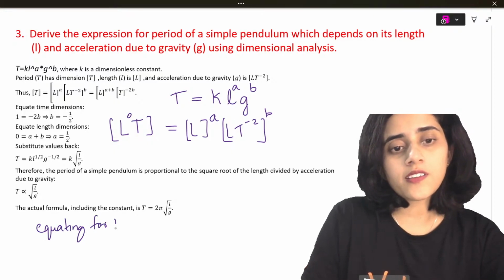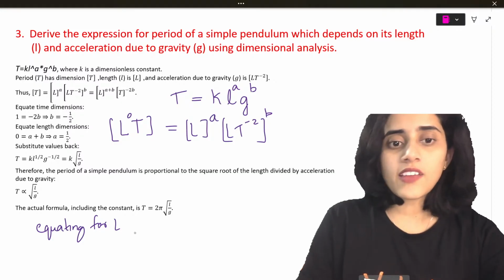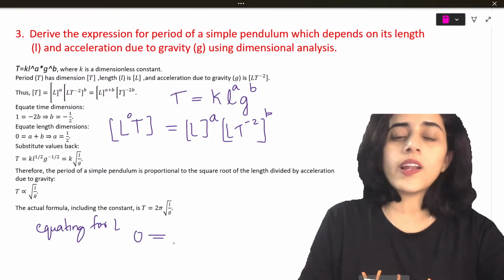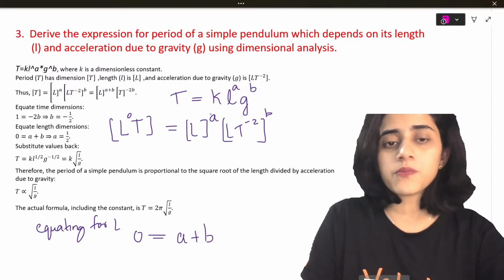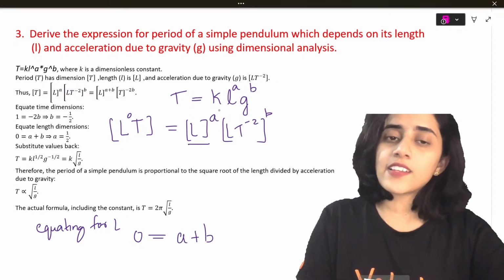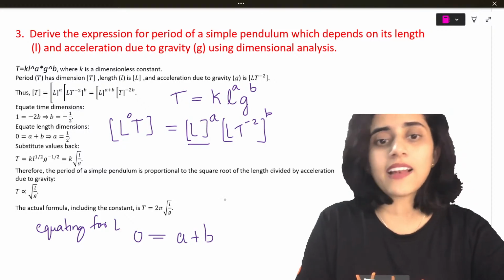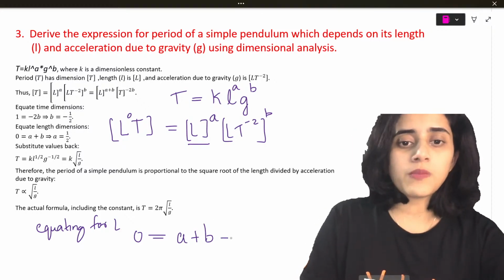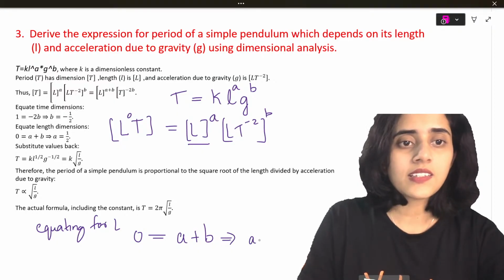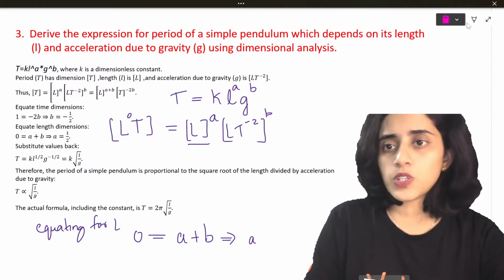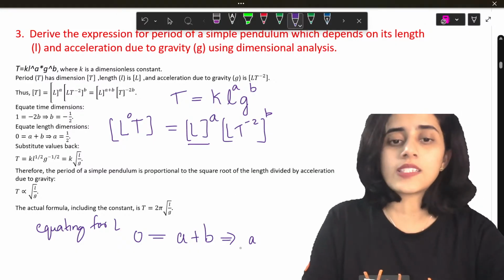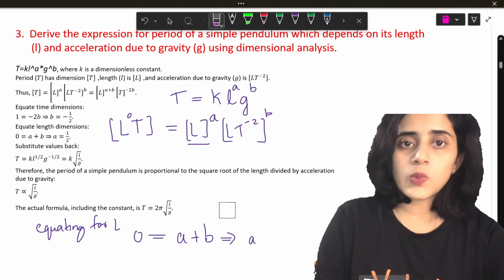Equating for L, on the left side it's 0, and on the right side we have A plus B. For the first term, L raised to A, so A. And then second term, L raised to B, so B. So 0 equals A plus B.